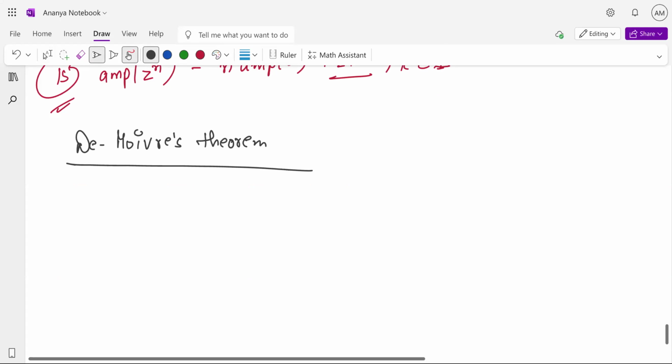It basically says that if you have written something like cos nθ + i sin nθ, you can read it as the same thing as (cos θ + i sin θ) to the power n. Clear?